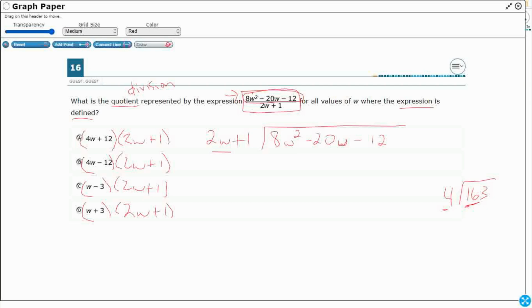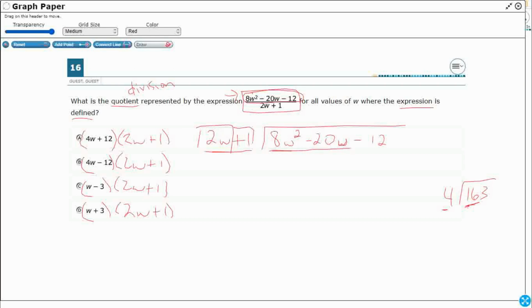Well, we're going to do the same thing here, okay? So we're going to try to divide this, but our whole divisor is this, 2w plus 1. So we need space for both of these terms, the 2w and that plus 1. We can't necessarily fit it into that 8w squared, but if we fit it into there, we can actually make it work.